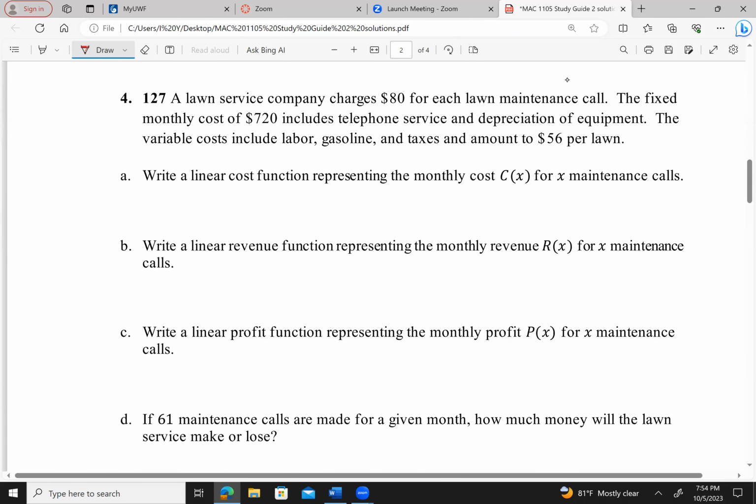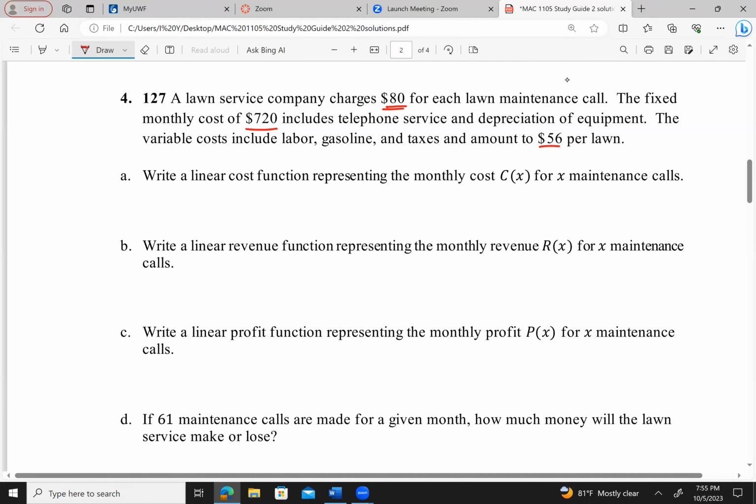Okay. A lawn service company charges $80 for each lawn maintenance call. The fixed monthly cost of $720 includes telephone service and depreciation of equipment. The variable costs include labor, gasoline, taxes, and they amount to $56 per lawn.